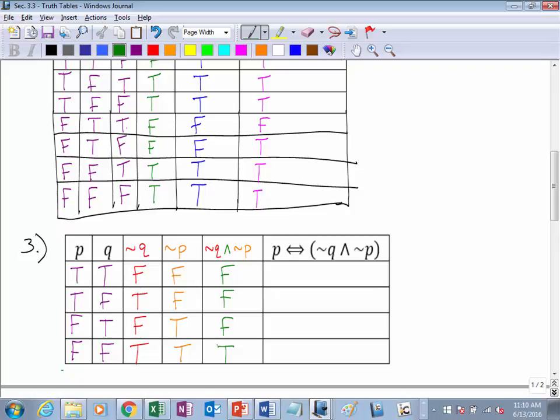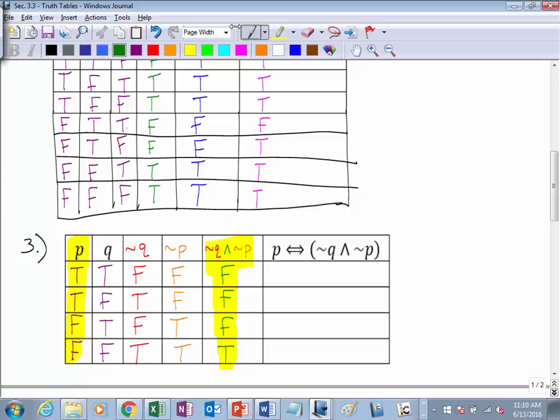Alright, so then we would focus on, so it's P if and only if not Q and not P. So we have to focus on the P column and then this AND column. In order for this to be true, we need those two columns to be the same, either both true or both false. But we don't have that at all.